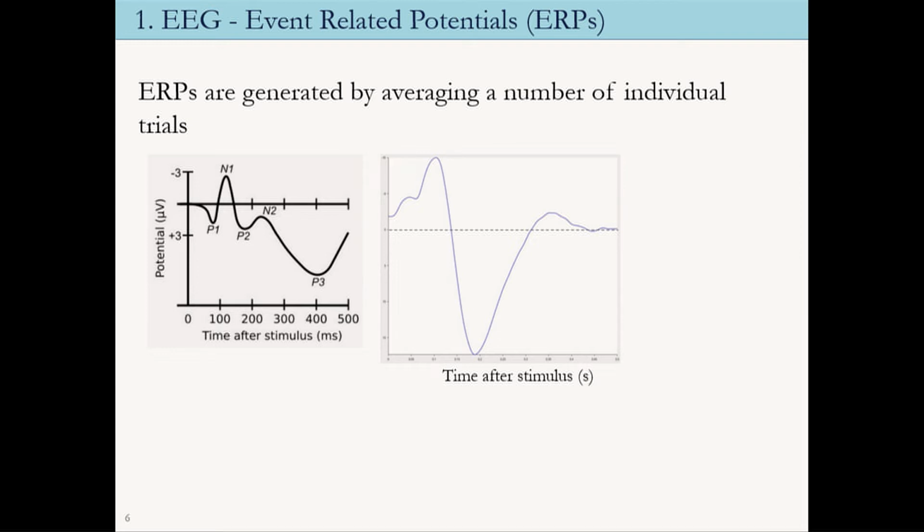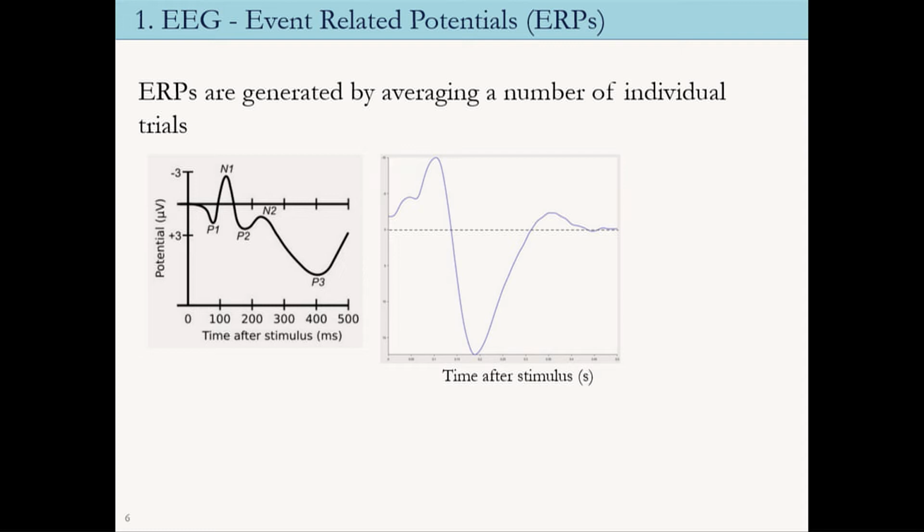So the first one, it would be 2 microvolts, and also the latency. So how much later from the stimulus they appear. So if time 0 is when the stimulus is delivered, when I hear a beep, then this first deflection happens pretty much around 100 milliseconds.